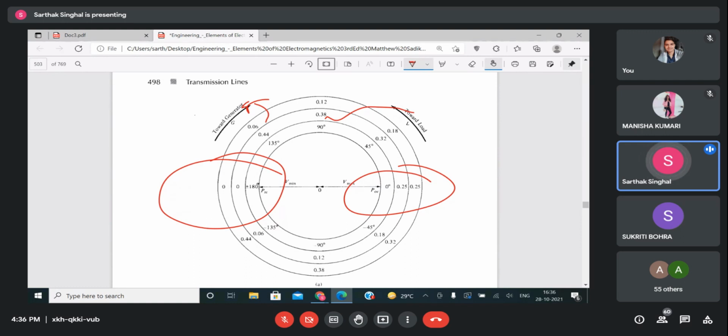Is it clear to everyone, the basic structure of the Smith chart? Can you tell me what are the parameters which we are plotting on a Smith chart?